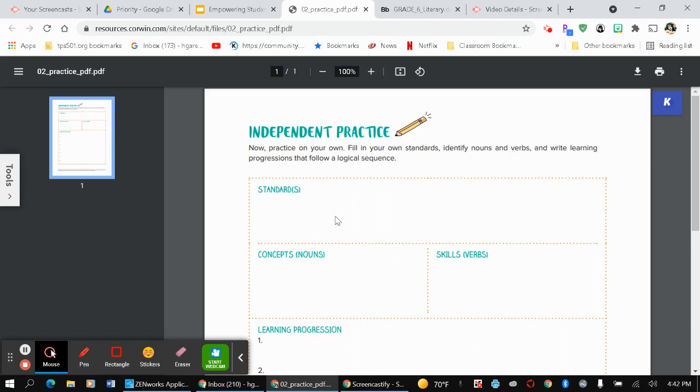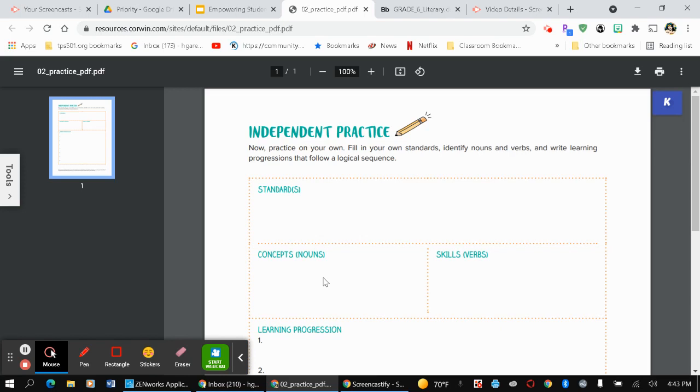Just to give you an example, Dee and I took the standard reading informational text 6.5 to model this. The standard reads, analyze how a particular sentence, paragraph, chapter, or section fits the overall structure of a text and contributes to the development of ideas. We identified the concepts in that standard, which are nouns, as sentence, chapter, section, structure, text, and ideas.